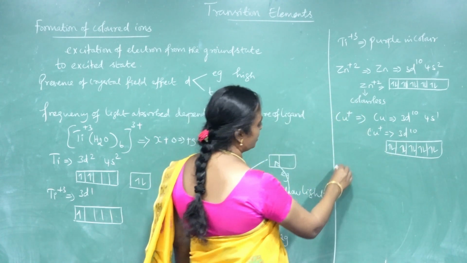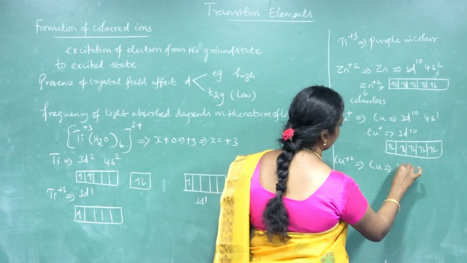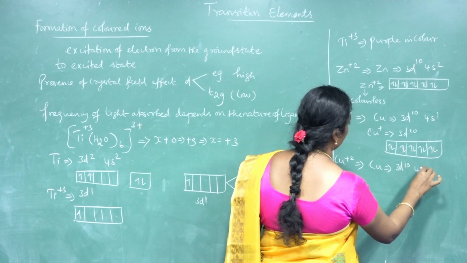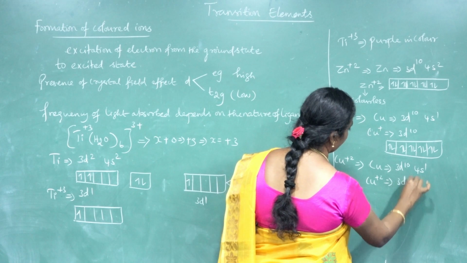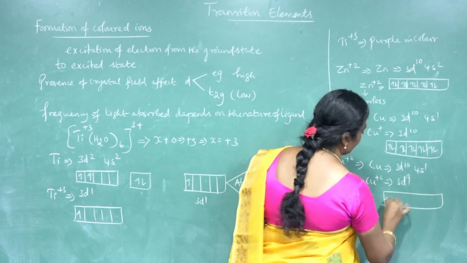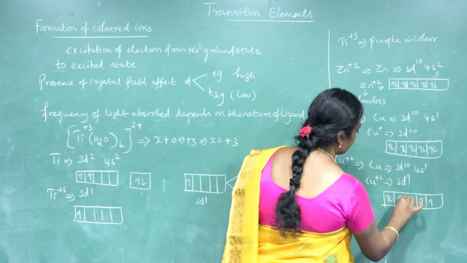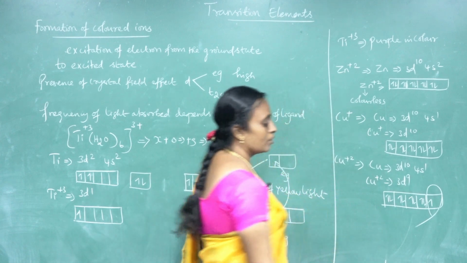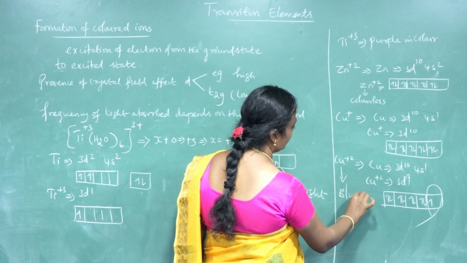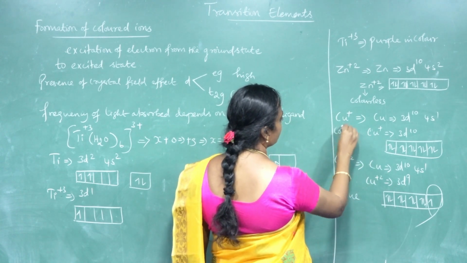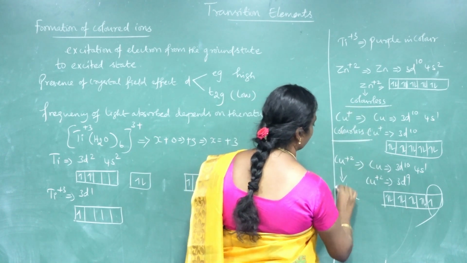Similarly, for Cu2+, the configuration is 3d9, so I can represent the electrons as 5, 6, 7, 8, 9, leaving 1 unpaired electron. So this ion is a colored complex. The color of the ion is blue, while Cu+ and zinc are colorless.